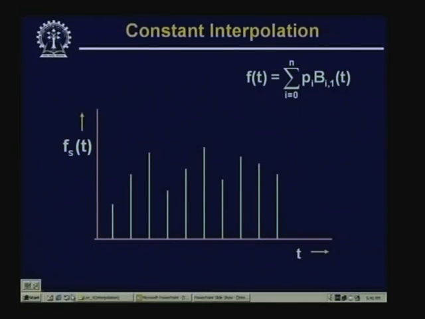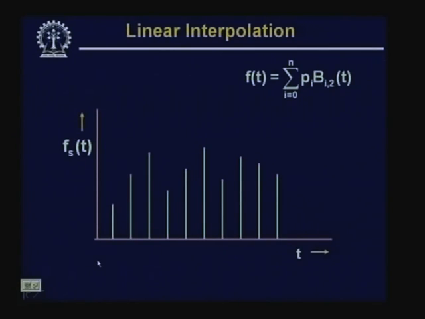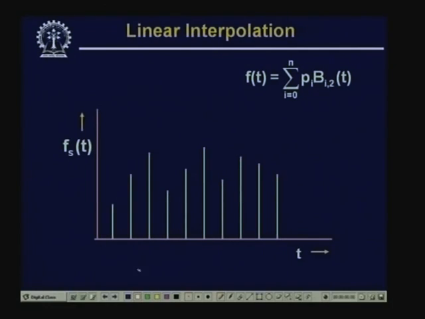Similarly, if I go for interpolation using linear interpolation, where the value of k is equal to 2, again you find that if I put t equal to 0 here, t equal to 1, 2, 3, 4, 5, 6, 7, 8, like this. Now, b_1,2 is a linear function between 1 and 3. So, b_1,2 is something like this.